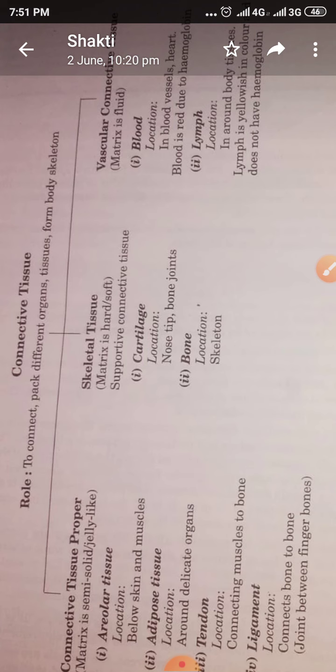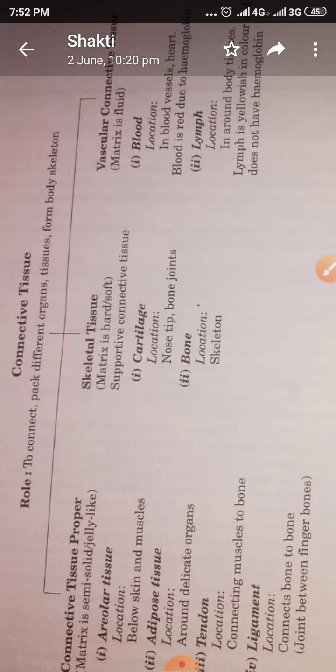Then the first type of connective tissue is called connective tissue proper, where the matrix is jelly-like. Second type is called skeletal tissue, when the matrix is hard and solid, that makes our skeleton system.